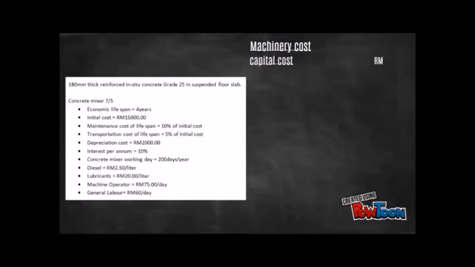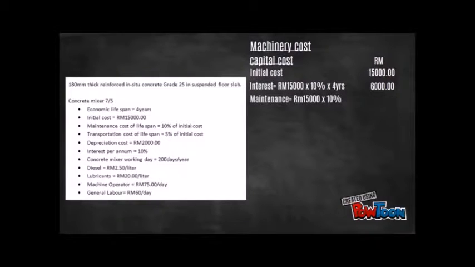Next is the calculation of machinery cost. First item in capital cost is the initial cost of the machine. Following is the 10% of interest per annum times its economic lifespan, which is 4 years, 10% of maintenance cost, and 5% of transportation cost.